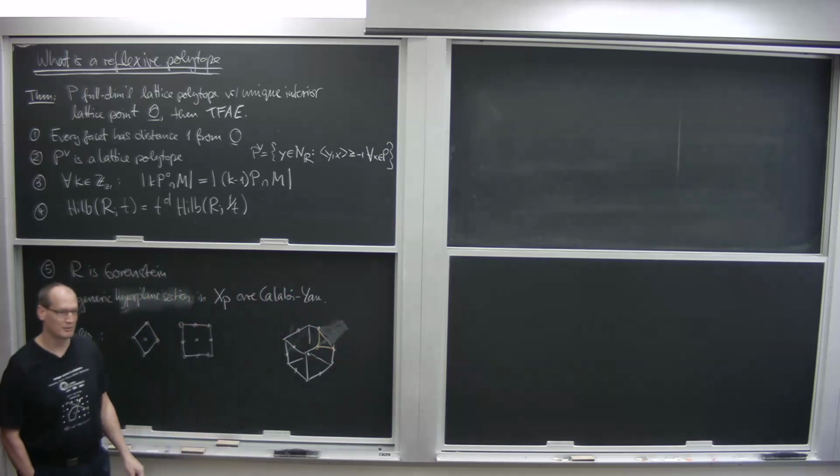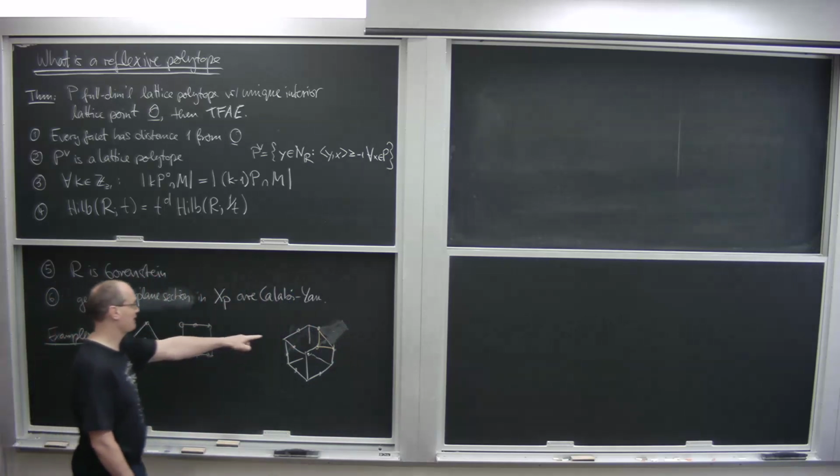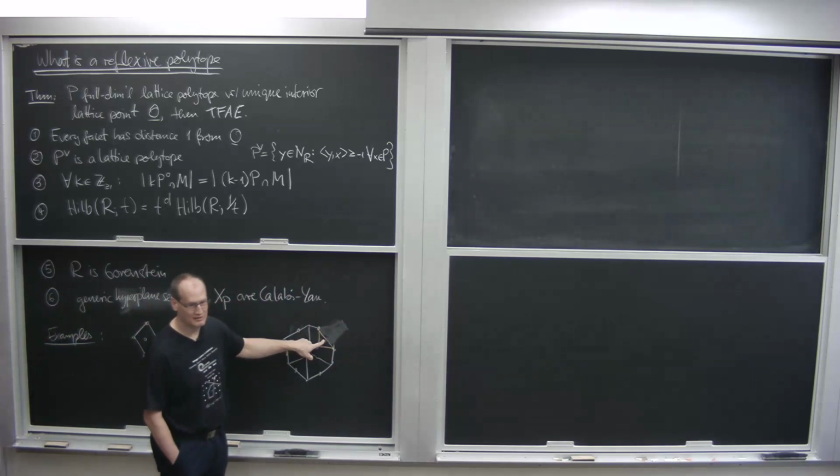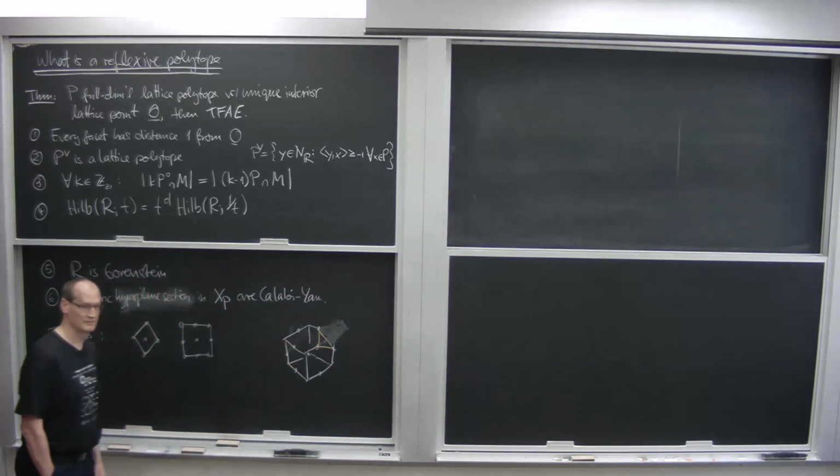By making the polytope smaller, you certainly didn't gain any additional interior lattice points, but you gained a facet. And this facet, in fact, has distance 2 from the origin. That's the 3 corners.